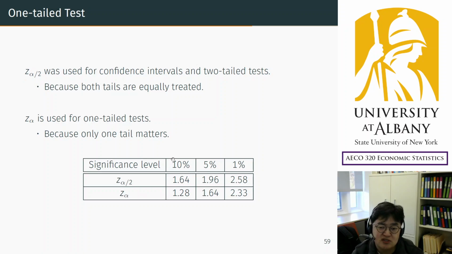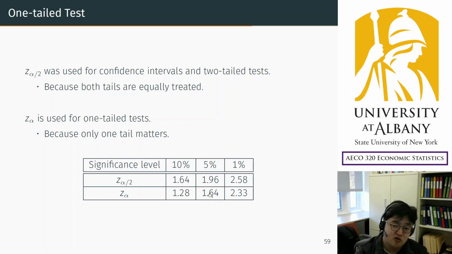So when you use a 10% significance level, that means each tail has 5%. So in a two-tail test or confidence interval, you had 1.64. So the top 5% value is 1.64, the bottom 5% is minus 1.64. However, now that number is used for 5% because all the 5% is put on one side.